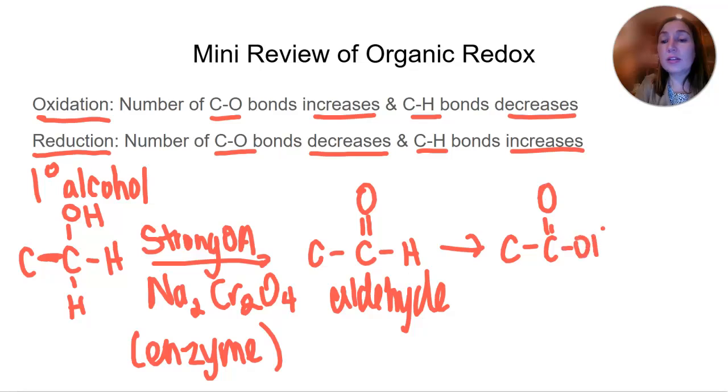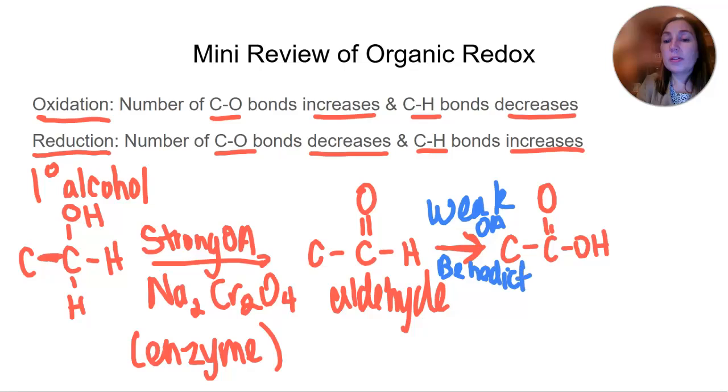So it'll continue the oxidation. We could also conduct this last step with a weak oxidizing agent. This could be our blue Benedict's reagent, for example, to oxidize to a carboxylic acid.